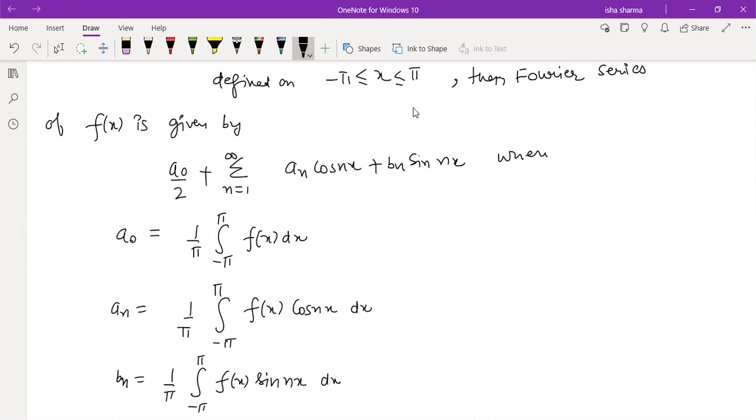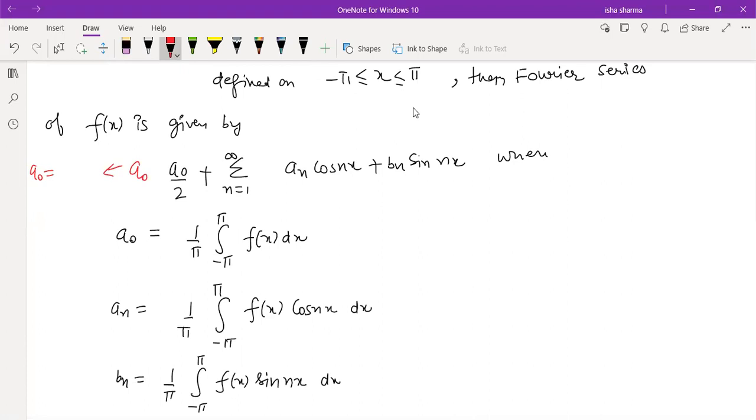That series will be called the Fourier series. So this 2 I was talking about: a naught by 2. In some books you will find that they just write a naught here, not a naught by 2, but then they change the definition of a naught, because that 2 they have to adjust somewhere, right?